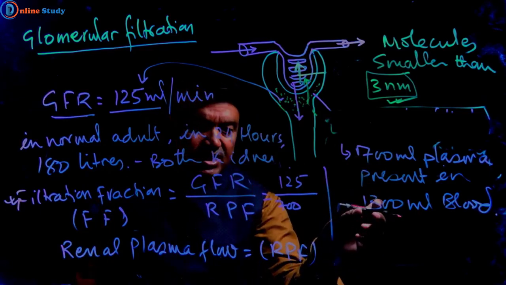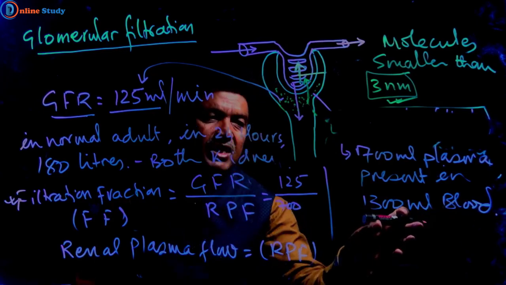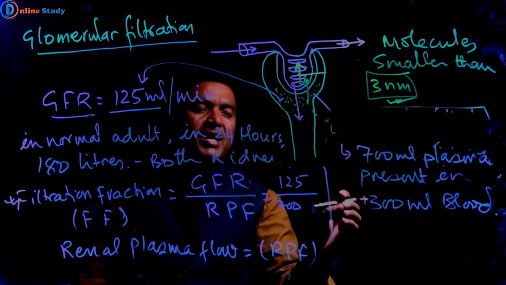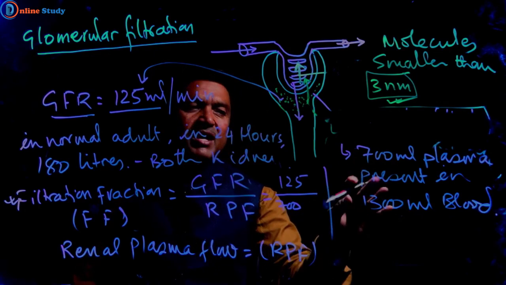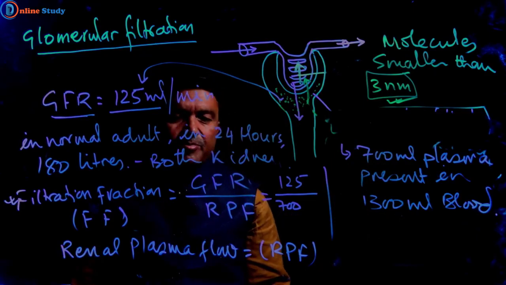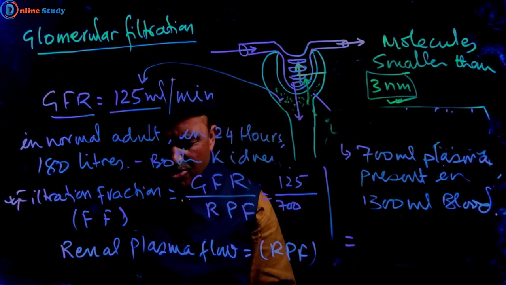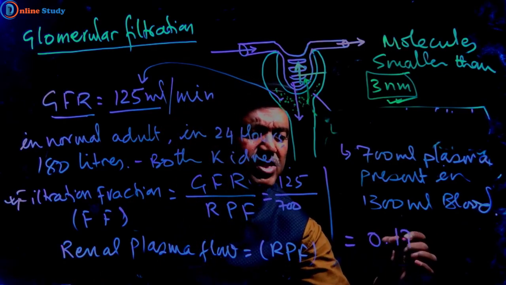And this 1300 ml blood consists of 700 ml plasma, because we know blood has plasma and blood corpuscles. So we can conclude this value is about 0.17.